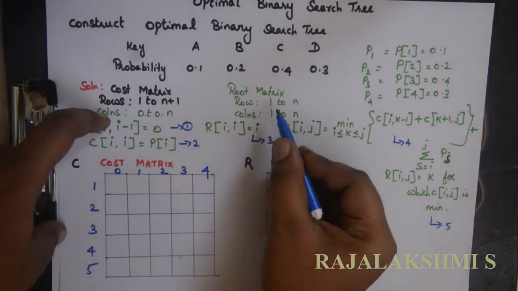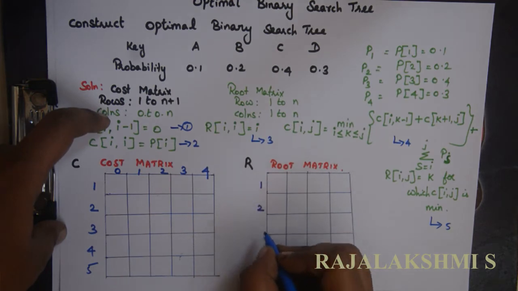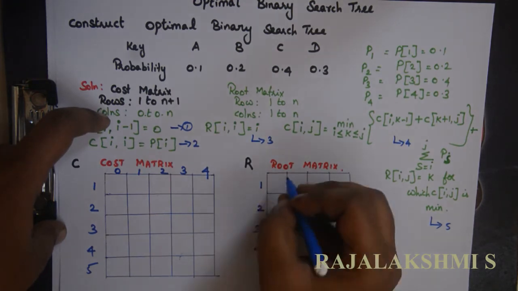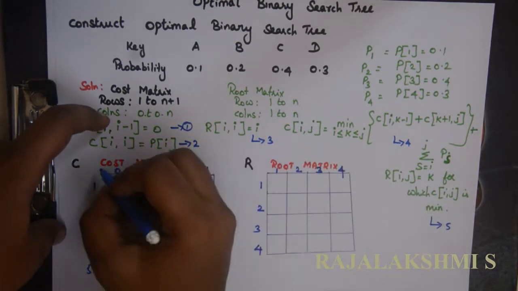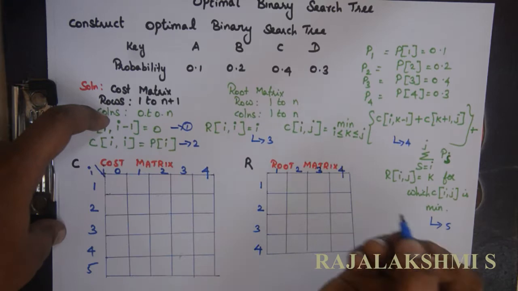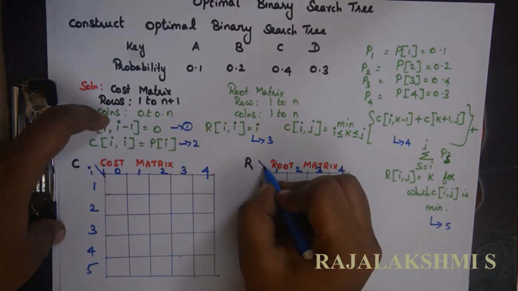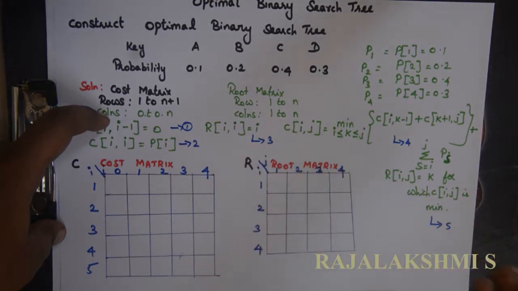For the root matrix, both rows and columns range from 1 to n, so it is 1, 2, 3, 4 and 1, 2, 3, 4. Now I am going to use a variable i to represent the row and j to represent the column.